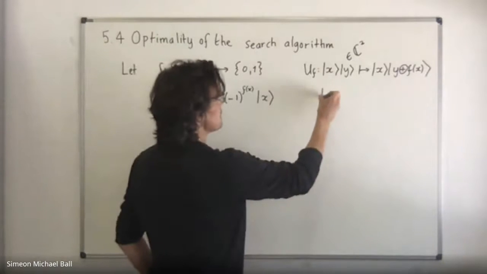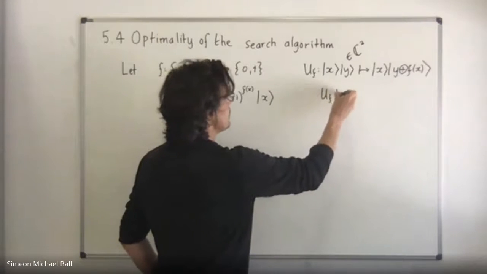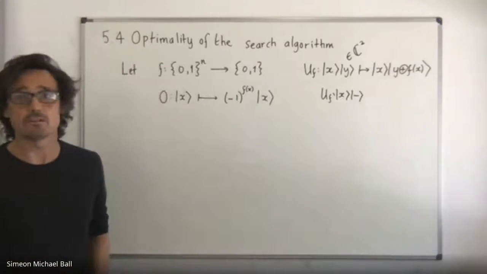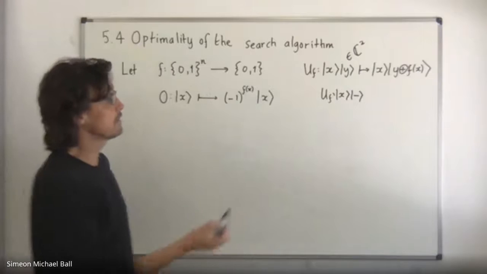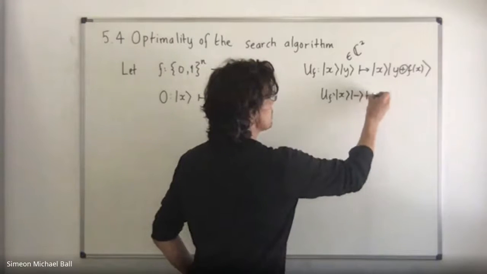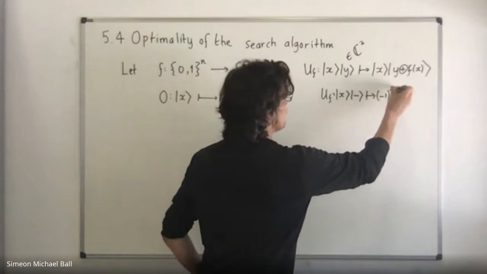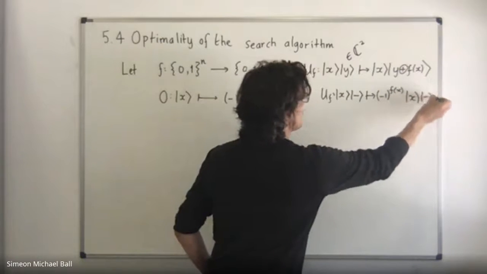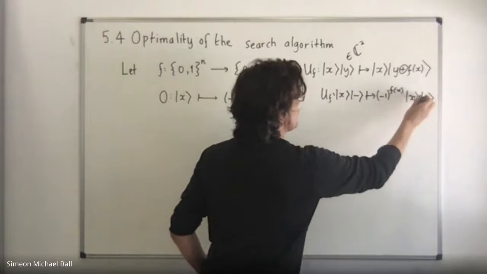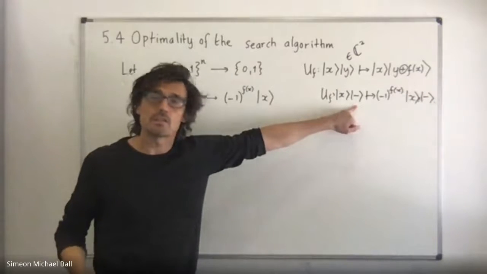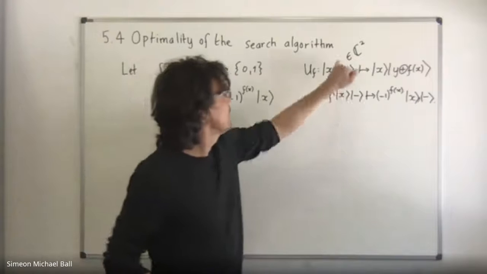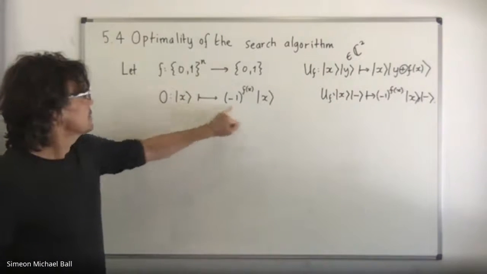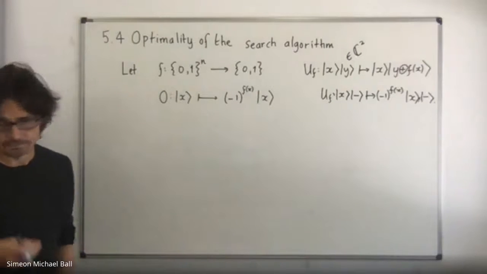And then we noticed that if we apply U_f to |x> and the minus state, (|0> - |1>)/√2, then this would go to (-1)^f(x) |x>|minus>. Thus, if we just forget about the minus, because it doesn't change anything, we simply have this oracle which maps |x> to (-1)^f(x) |x>.